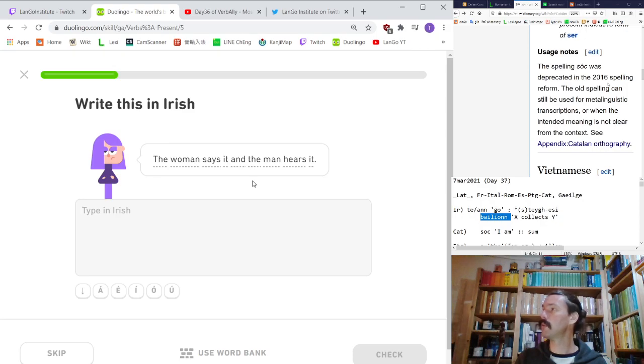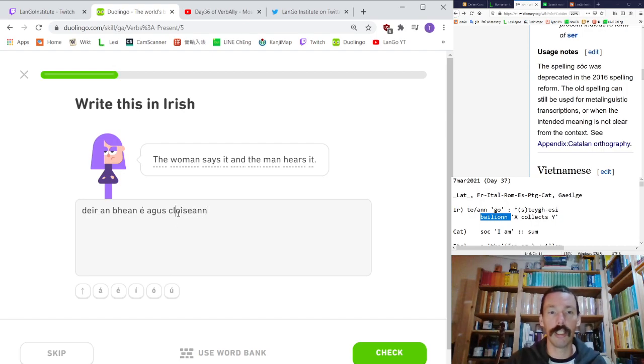Says it. I can't think of says. Deir. That's the verb, it's going to be first. Deir an bhean é. Agus, and the man hears it. It's going to be a clushen. Not to listen, but to hear.